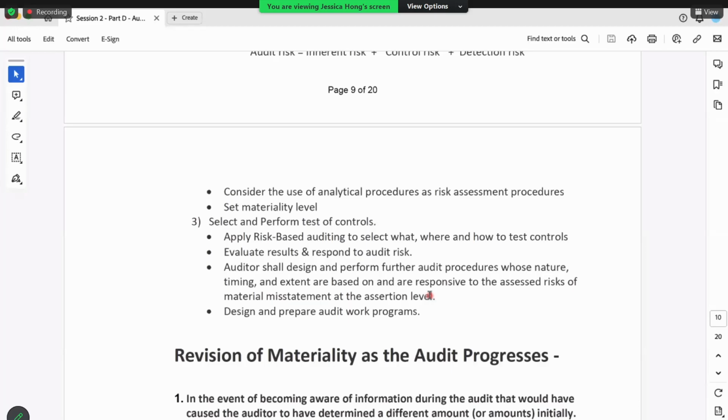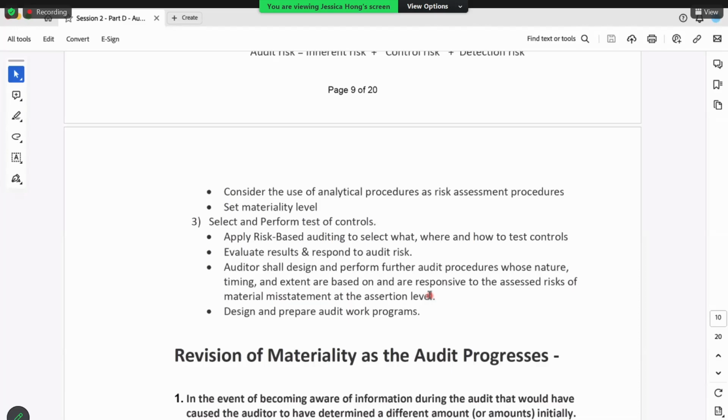Okay, and if the internal controls are not working, it also suggests that there is a high chance that there could be material misstatement happening there. So based on that, to respond, auditors shall design and perform further audit procedures.